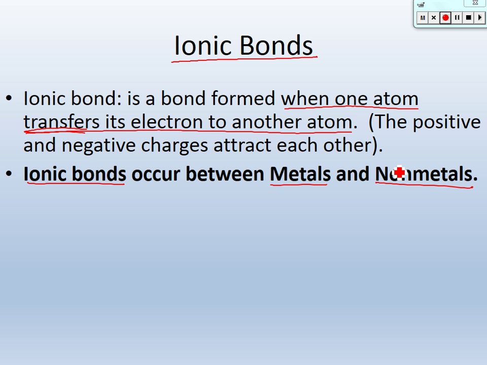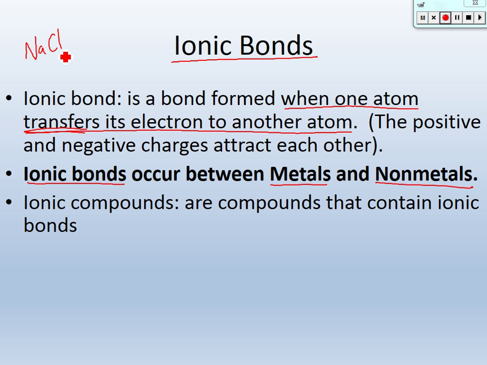Nonmetals are found above the staircase. For example, maybe the most famous ionic bond forms between sodium and chlorine. Well, sodium's below the staircase, it's a metal, and chlorine is found above the staircase, it's a nonmetal. So it's got to be one metal and one nonmetal.